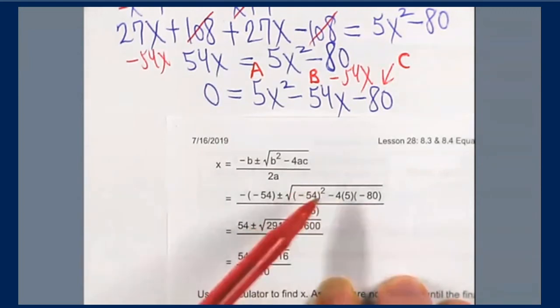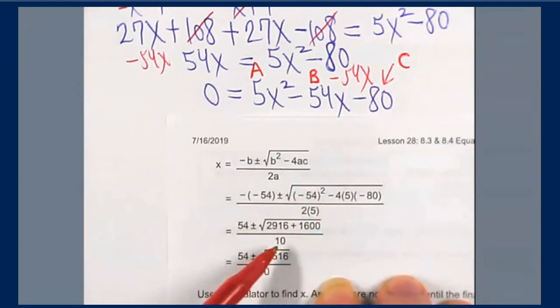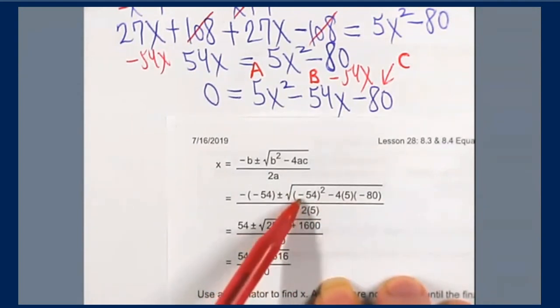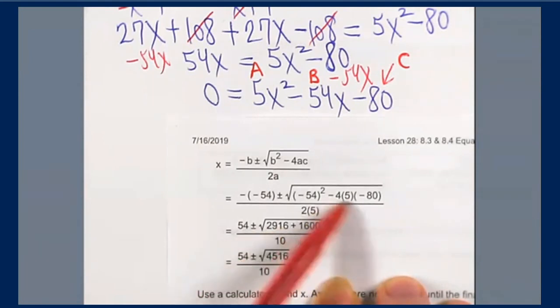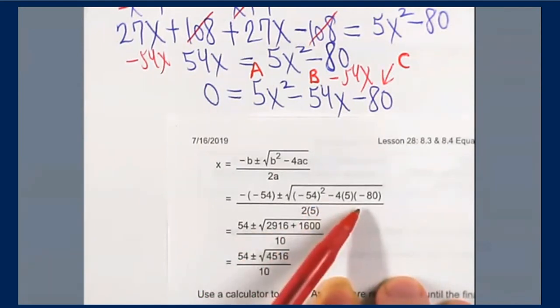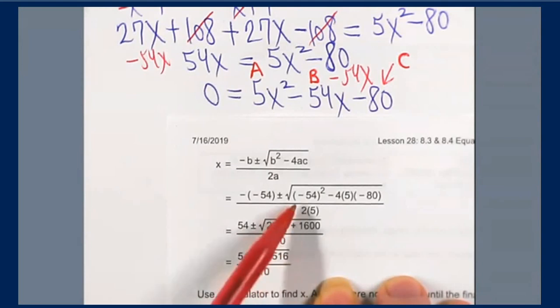Now, when you calculate the discriminant under the radical, negative 54 squared is a positive 2,916. And when you multiply the last three numbers together, that gives you a positive 1,600. And that's all over 2 times a, or 2 times 5.